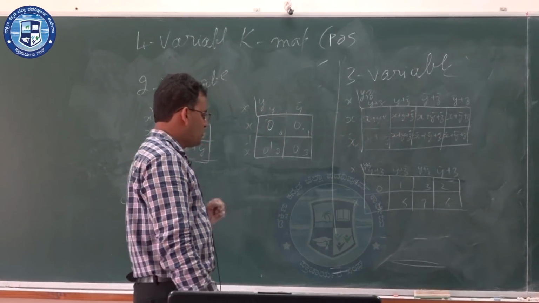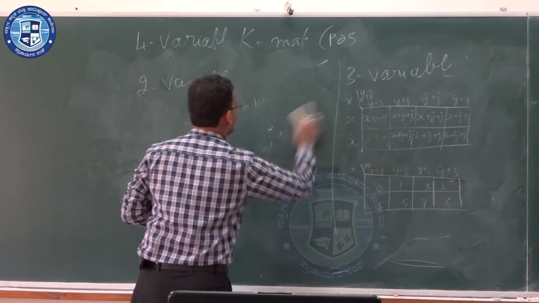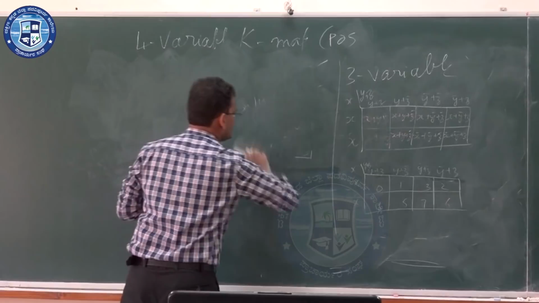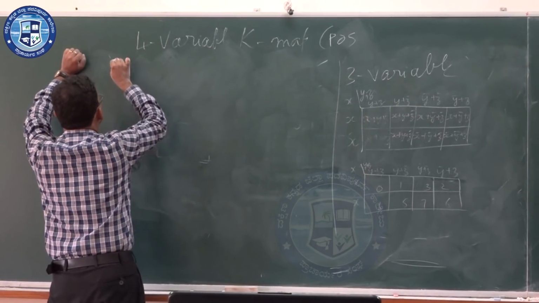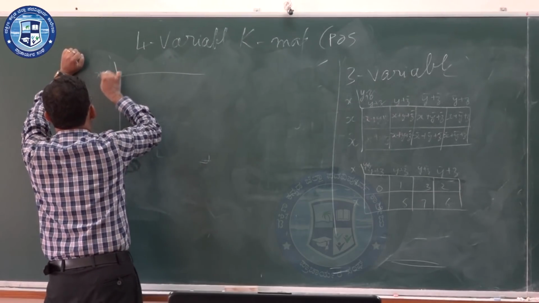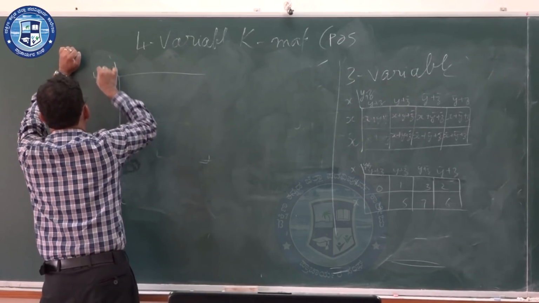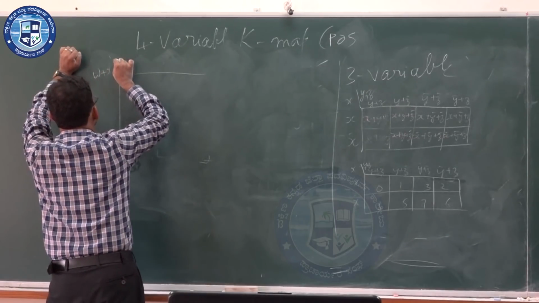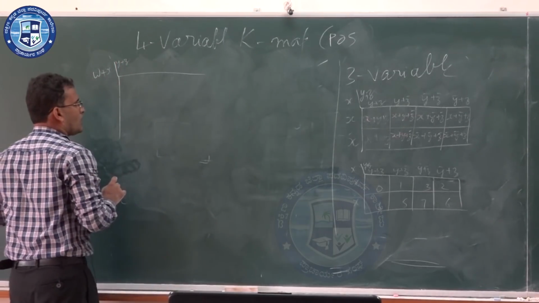So, next I go for the 4 variable K map for a POS. It is w, x and y, z.